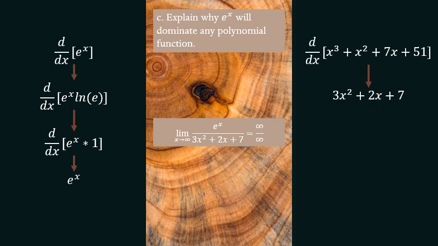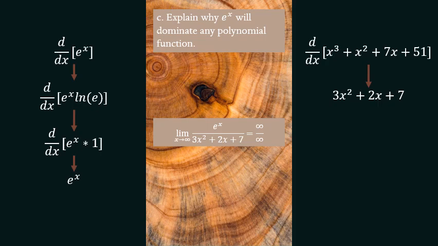So the answer is still here, though, because what you'll surely have noticed, and what you probably already knew, is that the derivative of e to the x is always just e to the x. No matter how many layers of derivative we calculate on that function, the result will always be e to the x, which is actually what makes it e.